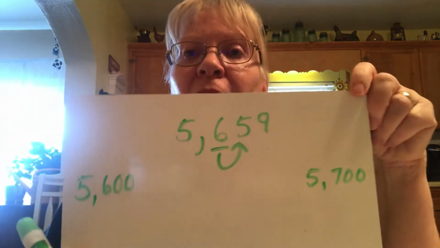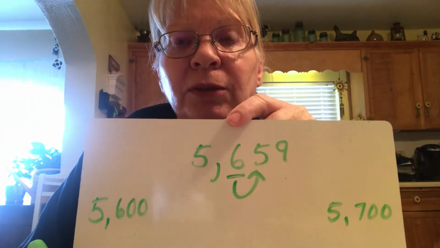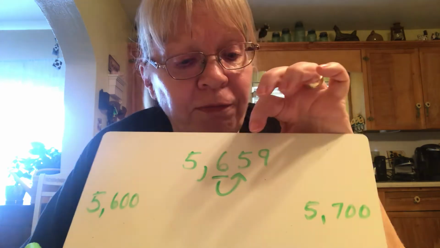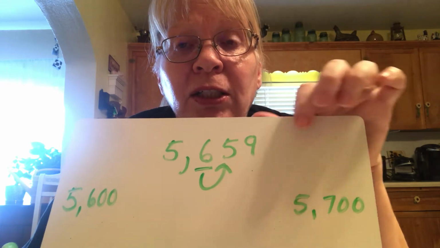So we're deciding if this number is closer to 5,600 or 5,700. The 6 is in the hundreds place. Now I'm looking over to the right side, and that number is a 5. So according to our saying, 5 or more, we're going to raise the score. So the 5 makes the 6 turn into a 7. So 5,700 is the closest when we're rounding to the hundreds place.